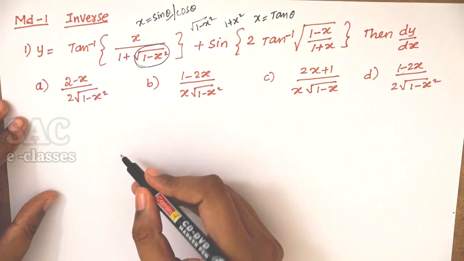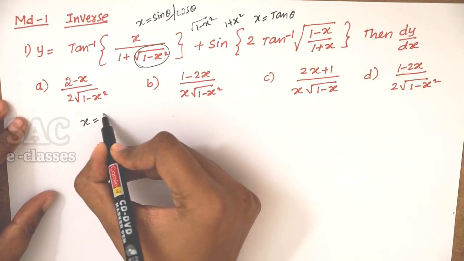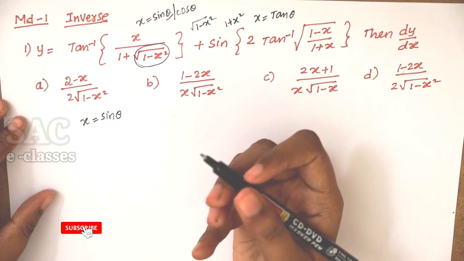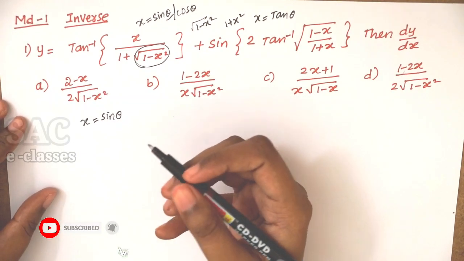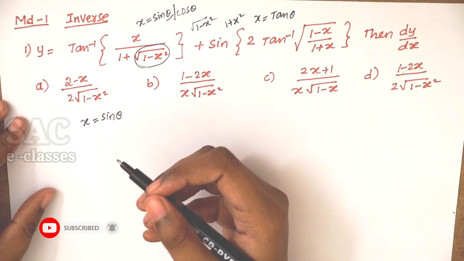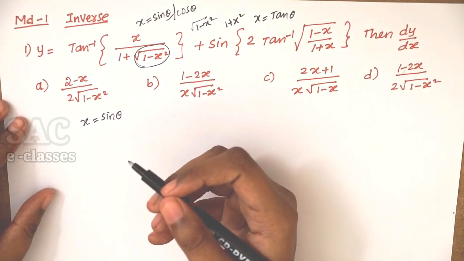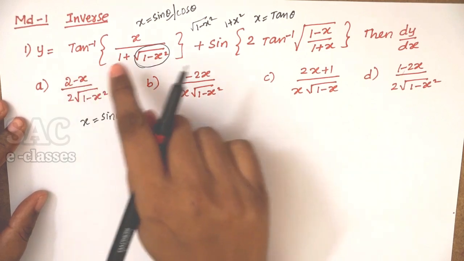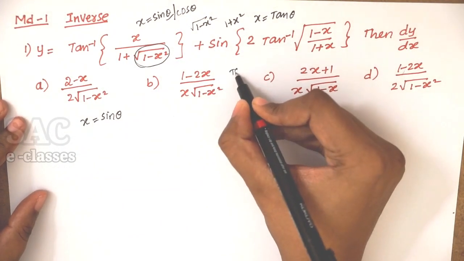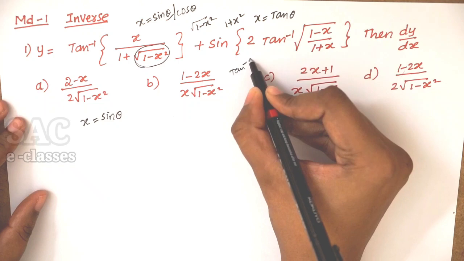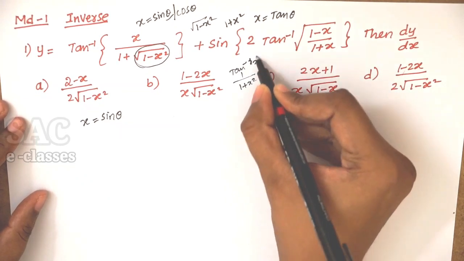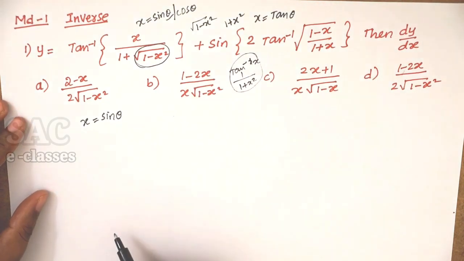So I take x as sin theta, because inverse trigonometric ratios are very easily solved by assuming their corresponding ratios. We know the differentiation of tan inverse x is 1 by 1 plus x square, so this is easier.